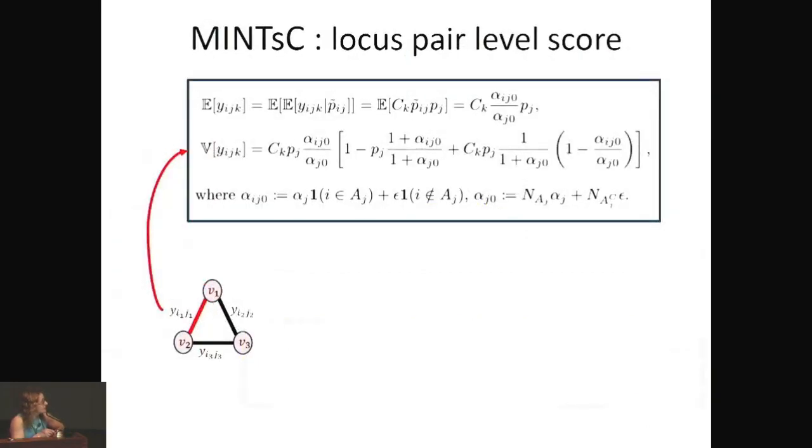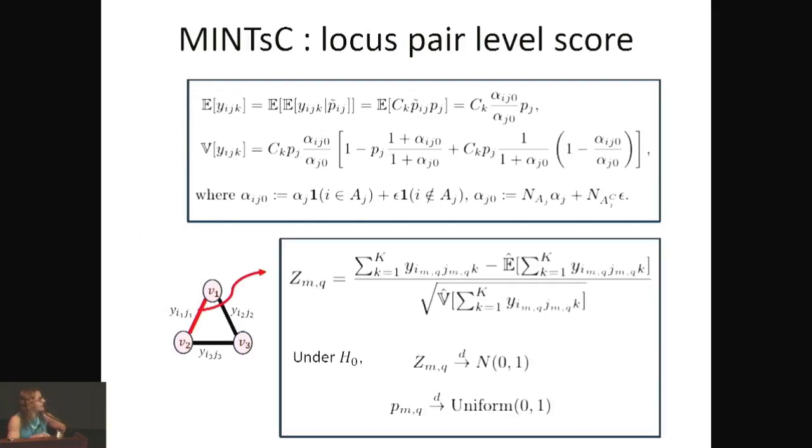And then given that, we can easily calculate for a given edge in a multi-way interaction the expectation and the variance under the null. All of these are analytical. And then by aggregating across cells, k equals 1 to K, we can calculate the summary statistics or a z-score for this edge.